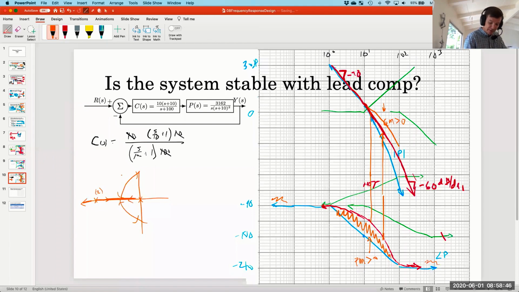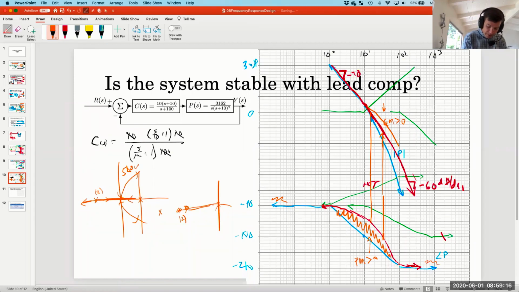They're going to have to live in this kind of slow region. Whereas in the root locus example in the lab, we saw that the lead compensator actually had the added benefit of dragging the asymptotes out to the left. So what we can see here is that we actually put the zero right on top here.